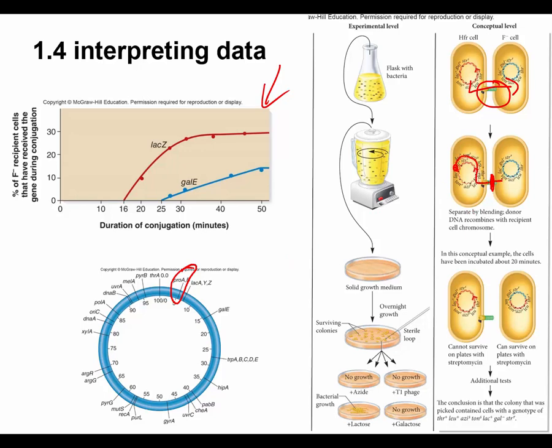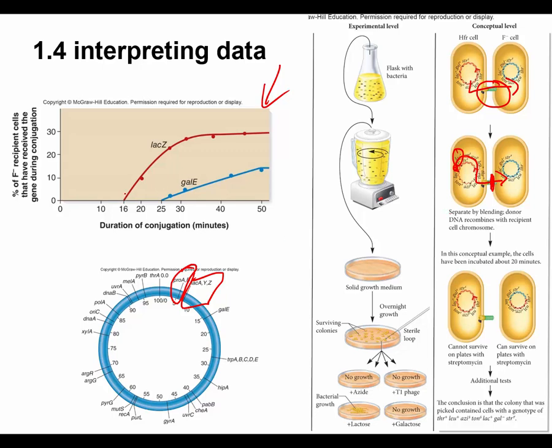And that's one of the first genes to go in. Whereas if I look at what was transferred after 10 minutes and I find that pro-AB and the lac operon were transferred, then I know that the lac operon is the second set to go through. And I can actually map my DNA by doing this kind of experiment.